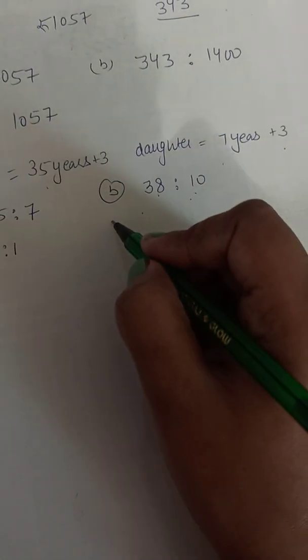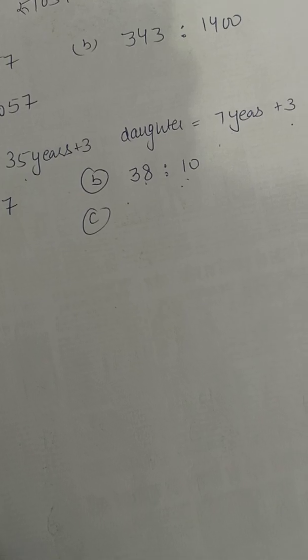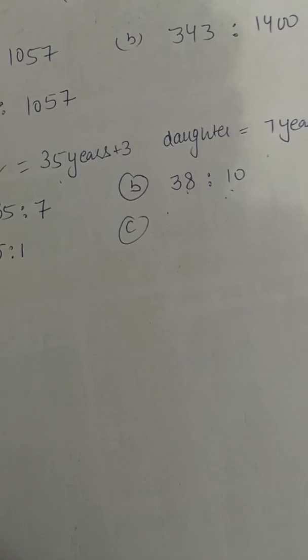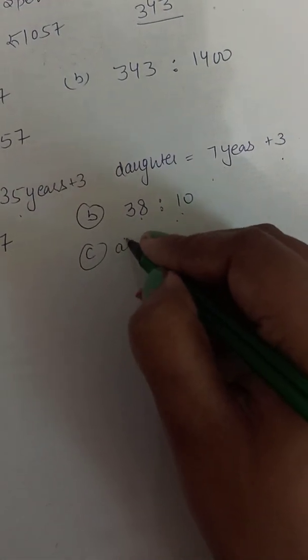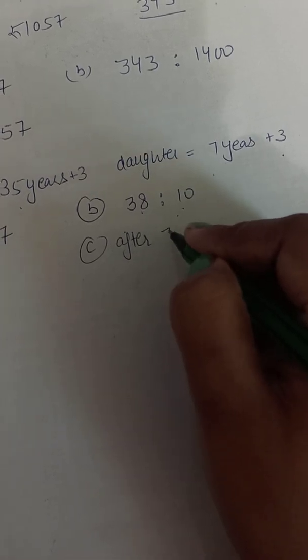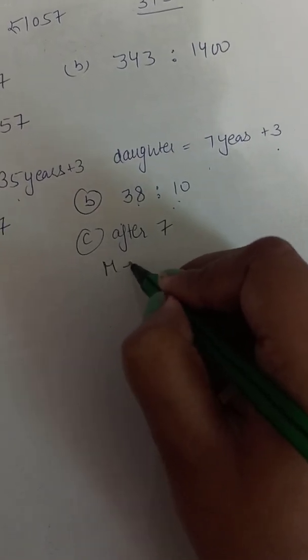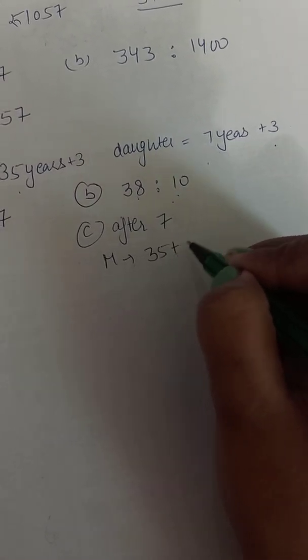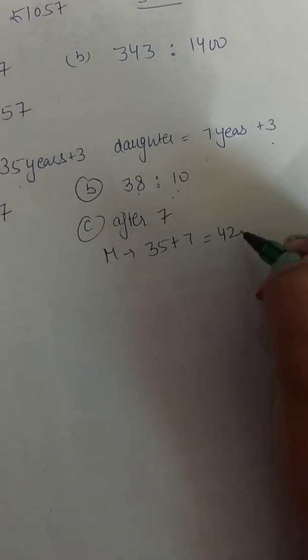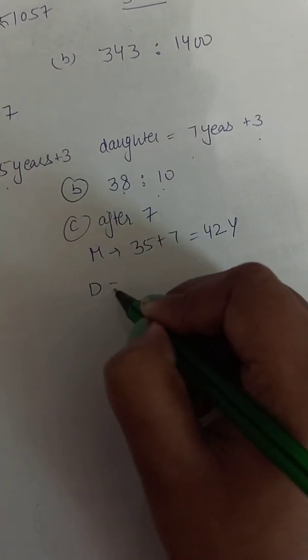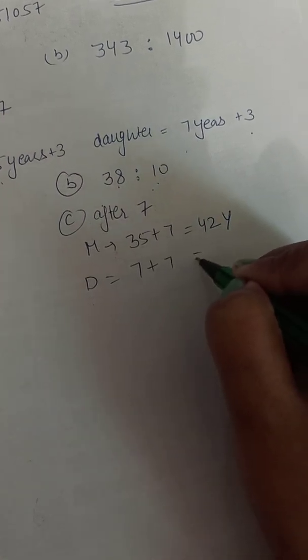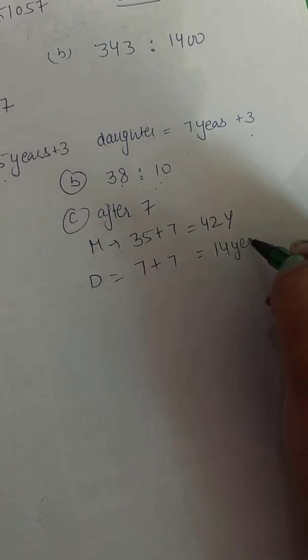Now the C part, the ratio of age of mother after 7 years to the age of daughter after 7 years. So after 7 years, mother is 35 plus 7, that is 42 years. And daughter is 7, after 7 years she will be 14 years.